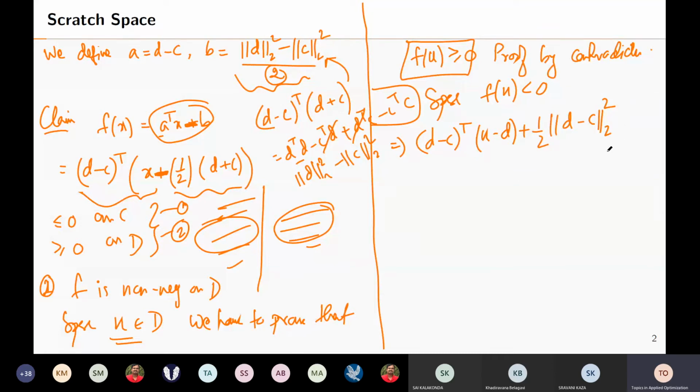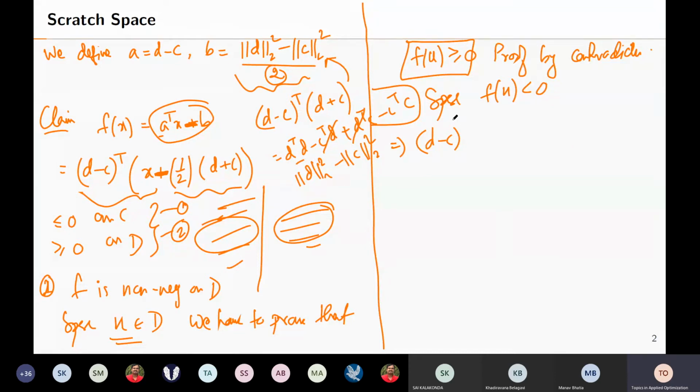How did u minus D come? I mean, I can add half D inside, right? I can add and subtract half of D. So if I go back to the previous step, let me do that step.